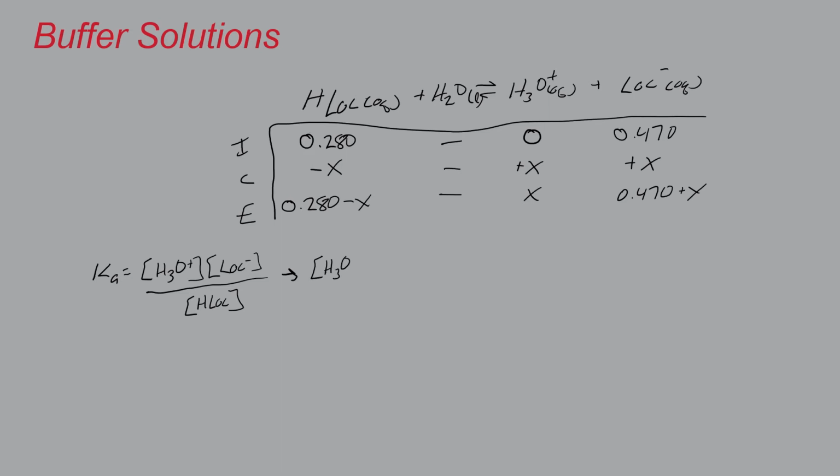It's a more elegant way than I did it in the slide in the previous example. So the hydronium ion concentration is going to be equal to Ka times the equilibrium lactic acid concentration divided by the equilibrium lactate concentration.